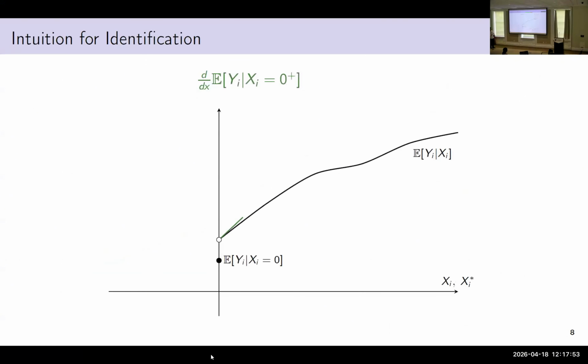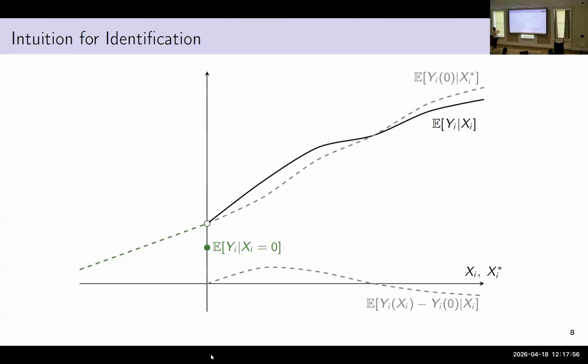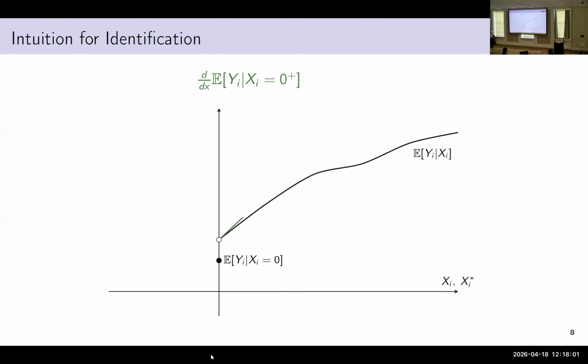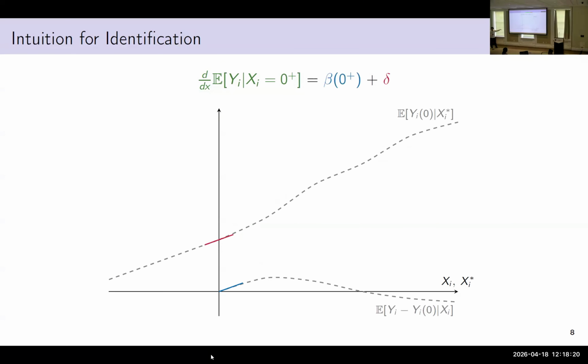Given that this is what I observe, and the underlying processes, if I were trying to estimate the target parameter, the derivative of the ATT function at 0, in a naive way, what could I do? I could try to estimate the derivative of the expectation of the observed outcome on x at 0. That would be naive, and why? We know that this combines the slopes of two underlying processes: the beta 0 plus that I want, the derivative of the ATT function, but also a selection bias.